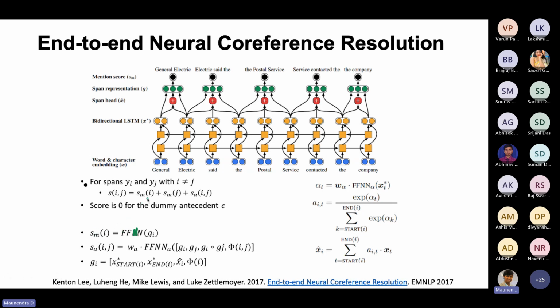That takes care of this component. You replace i by j, you get this one. And for the third thing, aij, you get the representation for span i, the representation for span j, and this one can be the element-wise multiplication.